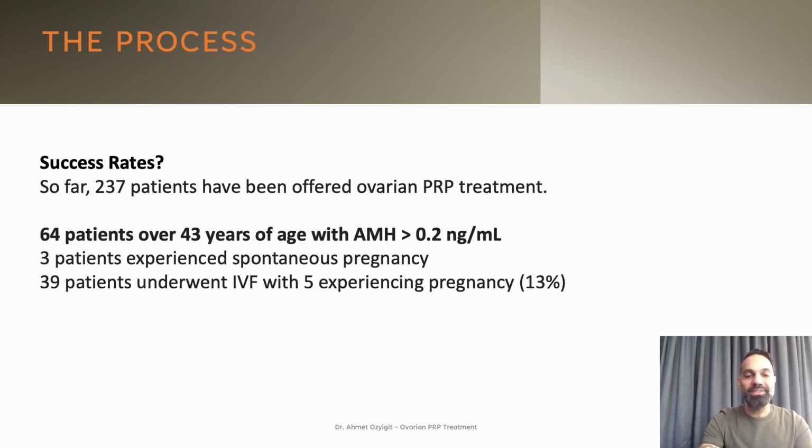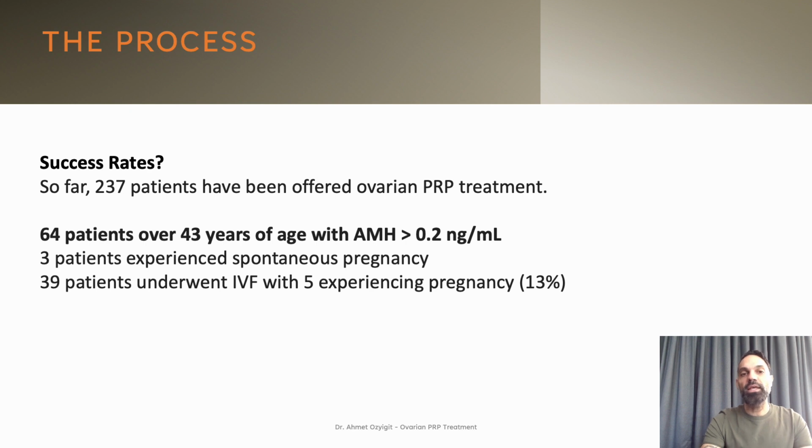So patients who did have some level of ovarian activity and who were older than 43 years of age, 3 of them actually experienced spontaneous pregnancies, and 39 patients scheduled an IVF cycle with ourselves, and 5 of them became pregnant, which is a 13% chance of pregnancy.